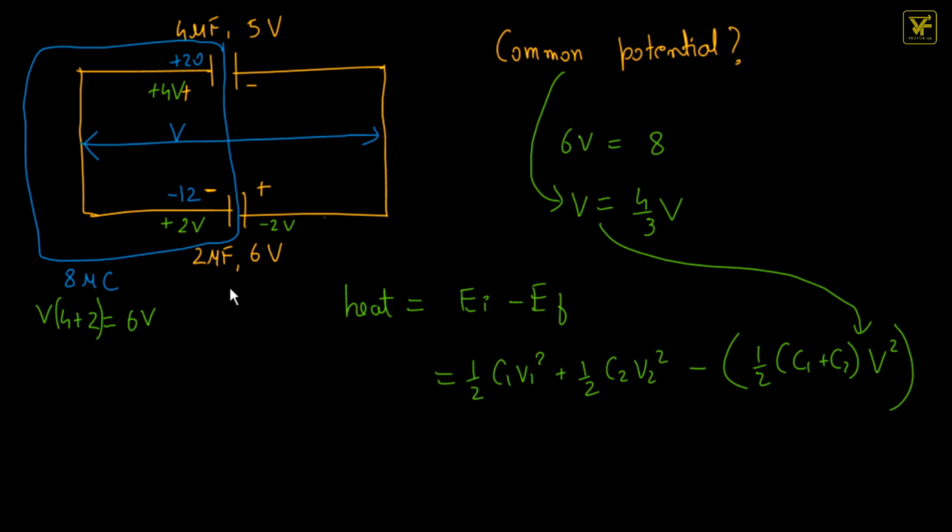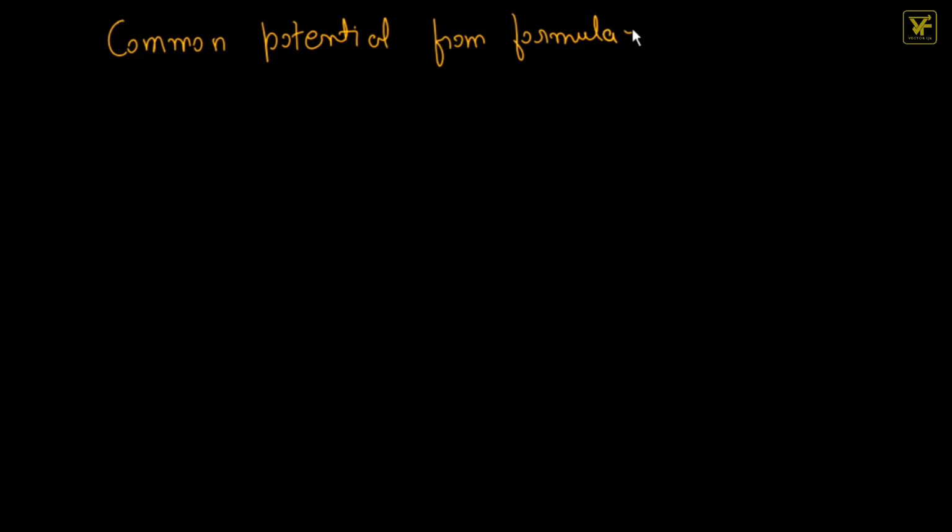In textbooks and in many other books, what you'll see is a direct formula to find heat and common potential. Common potential from formula. And that formula can be divided into two parts.